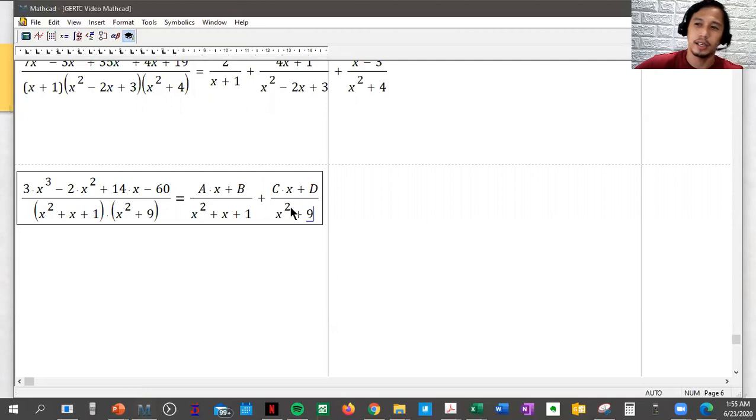X squared plus 9 is a prime quadratic, no? It cannot be factored any further unless that is minus 9.